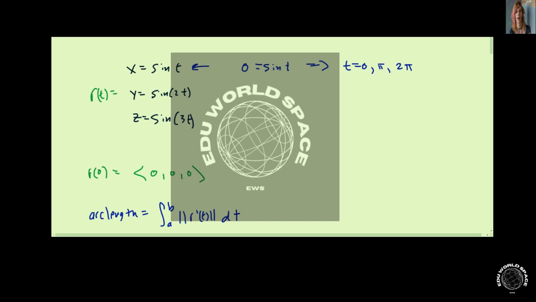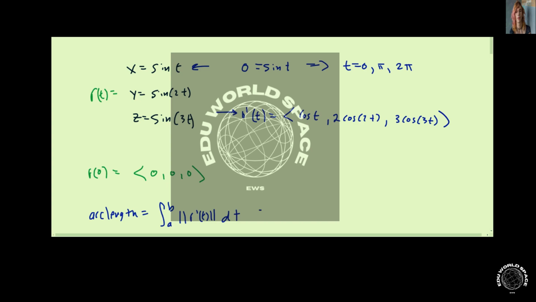If we take our derivative, we get r prime of t. The derivative of sine t is cosine of t, the derivative of sine of 2t is 2 cosine of 2t, and the derivative of sine of 3t is 3 cosine of 3t.